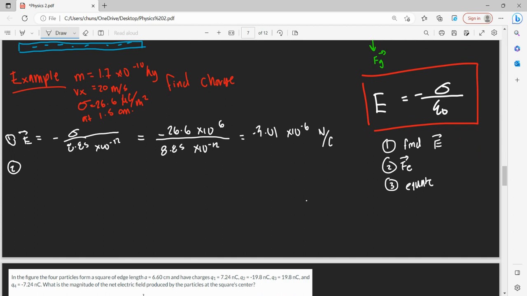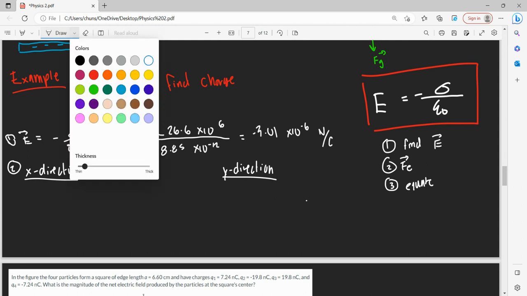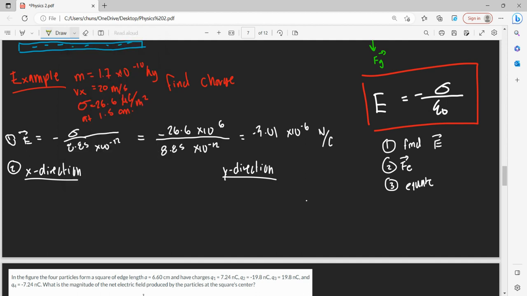We want to find our x direction acceleration, so x direction, and y direction. So we can find the distance that it's going in the x direction. So we're going to use that first. So distance that it travels in x direction. So we have Vx equals d over t. We want to find t, so t equals d over Vx.